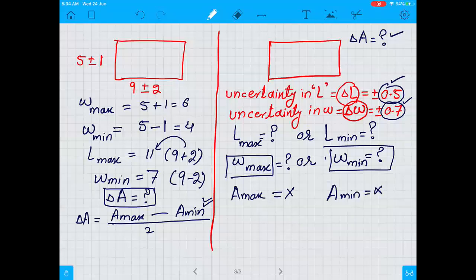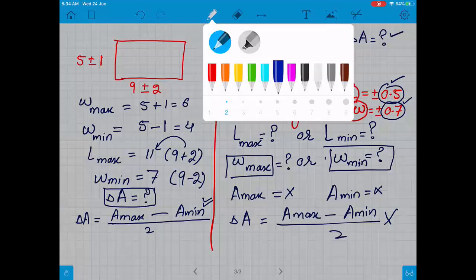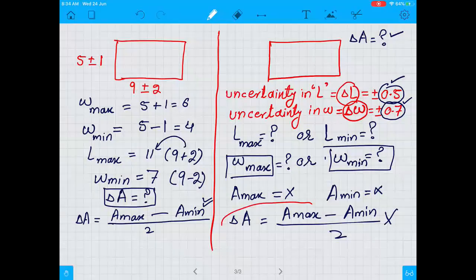Now this formula, delta A is equal to A maximum minus A minimum over 2, cannot be applied. You cannot apply this formula, the reason being you cannot calculate the maximum and minimum values since the values are not given. Now in your syllabus, you will have two types of questions: when the values and uncertainties both are given, and the questions in which only uncertainties are given.